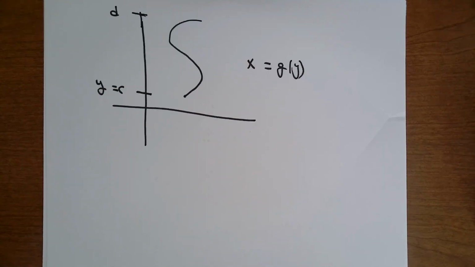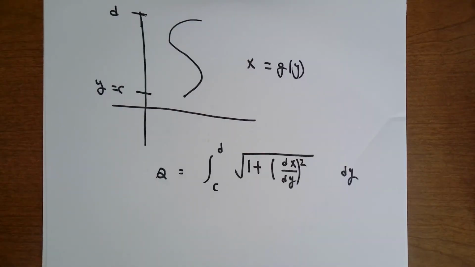It's y that goes from y equals c to y equals d that gives you the limits of integration. In this situation, you get a formula for arc length that is exactly similar to what we had in the first examples, except the roles of x and y have been interchanged.